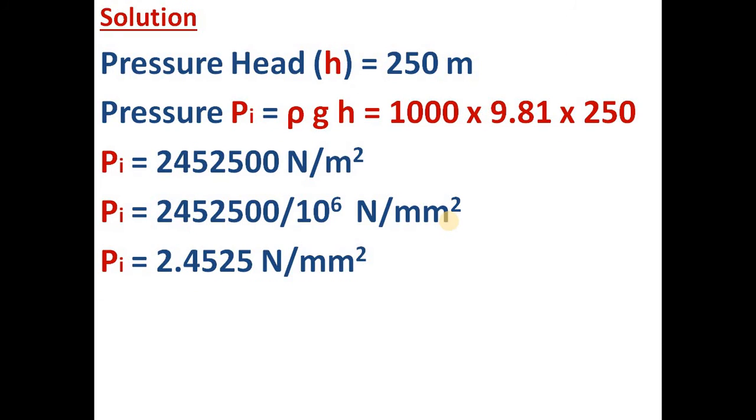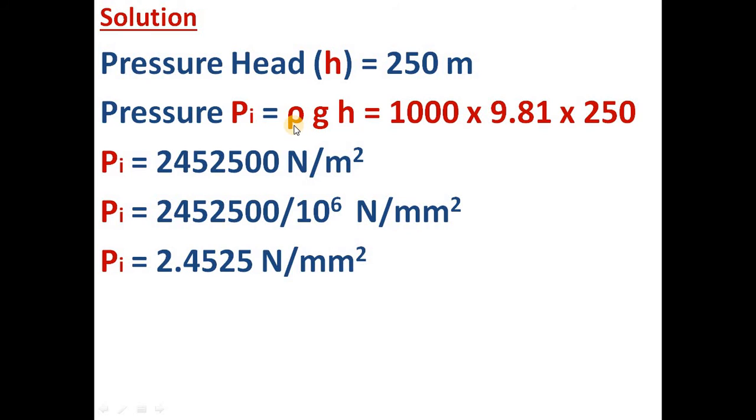These are the given details. From here, the first step is to find out the pressure Pi. Pressure head h is given as 250, not mm, 250 meters. Then the internal pressure Pi can be found using the fluid mechanics relation, Pi is equal to rho gh.